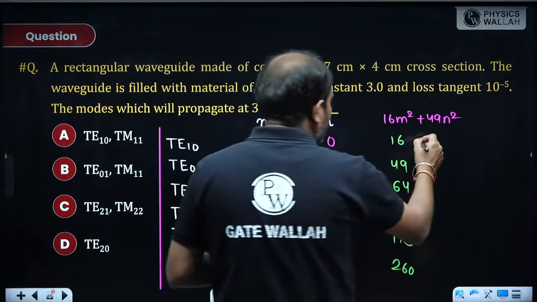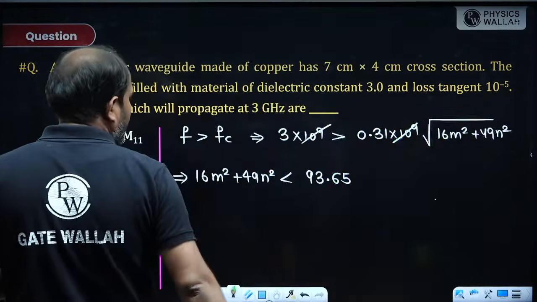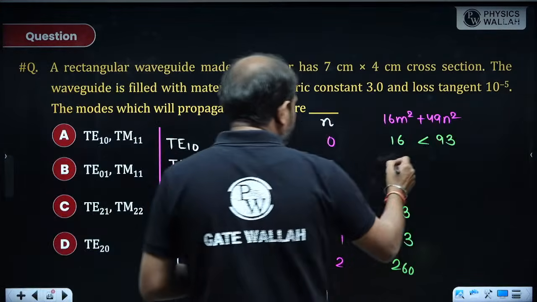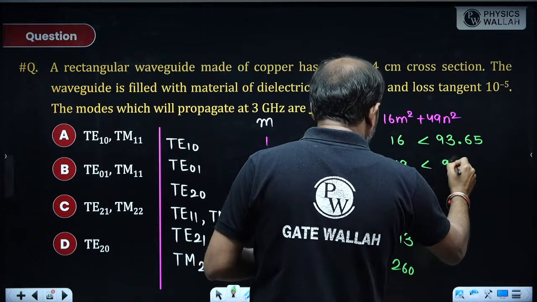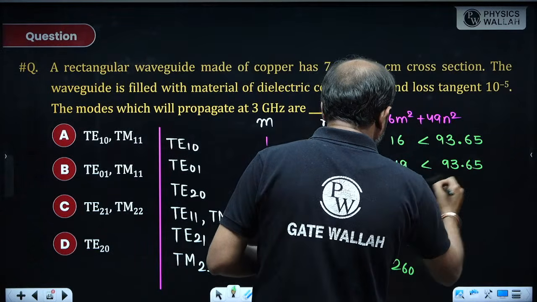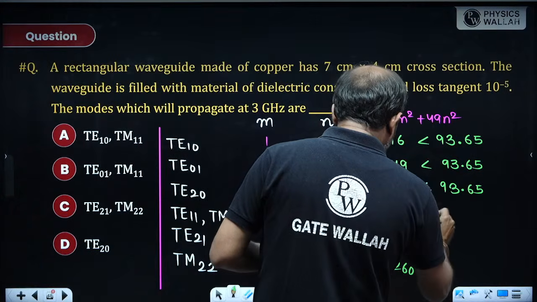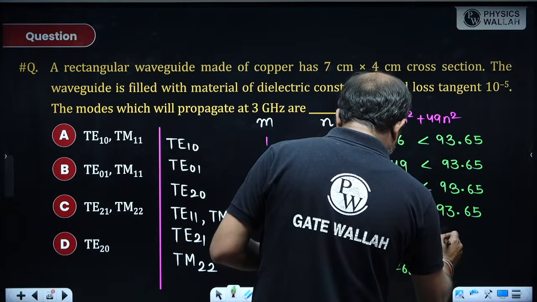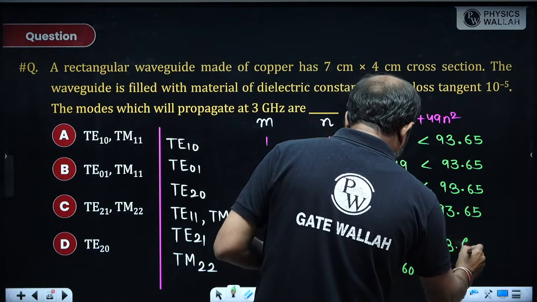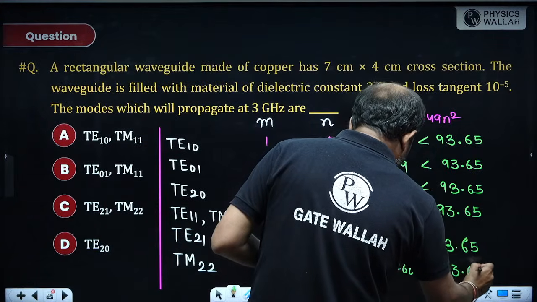So this is less than 93.65, and this one is greater than 93.6, and this one is also greater than 93.